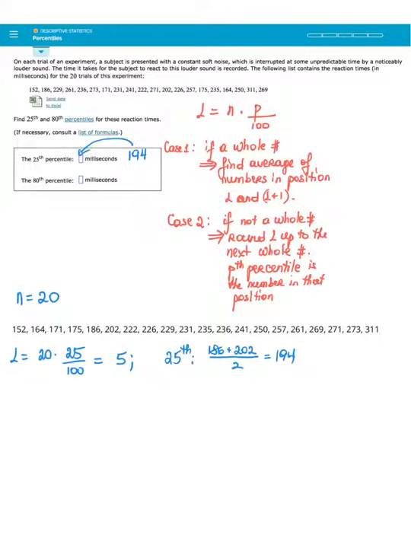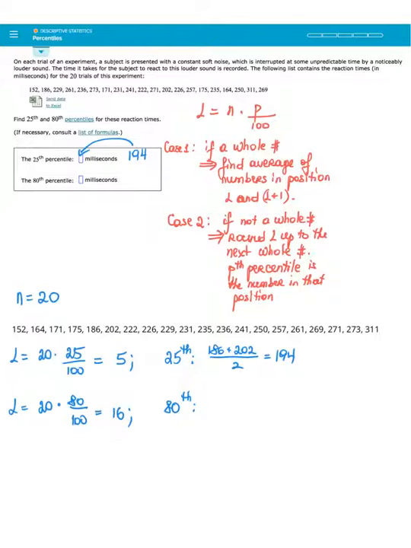Let's compute our 80th percentile this time. Just like before, I'm computing quantity L by multiplying sample size 20 by the 80th percentile over 100, so 80 over 100. This product yields 16. Because again it's a whole number, to find the 80th percentile, I need to find the average of the elements in the 16th position and the next one, the 17th position.